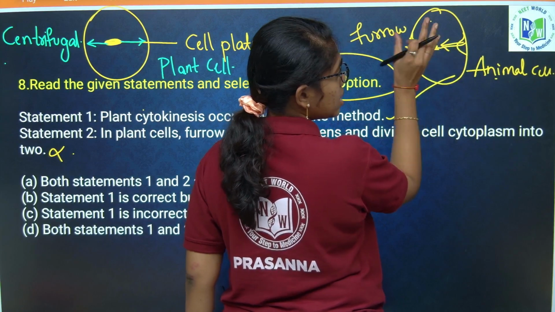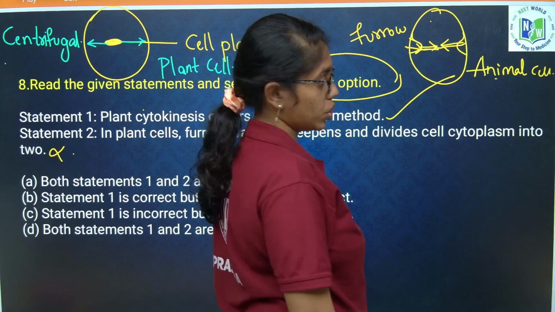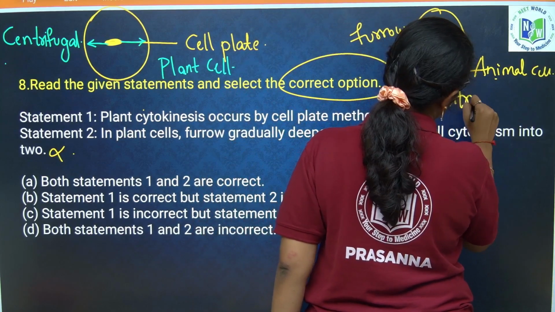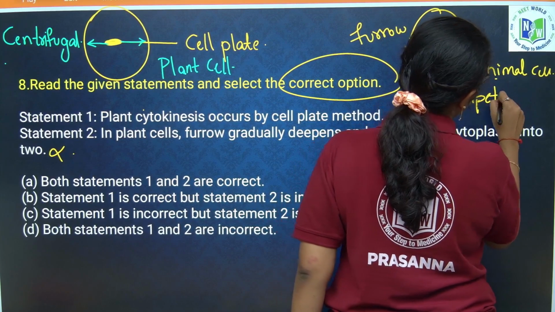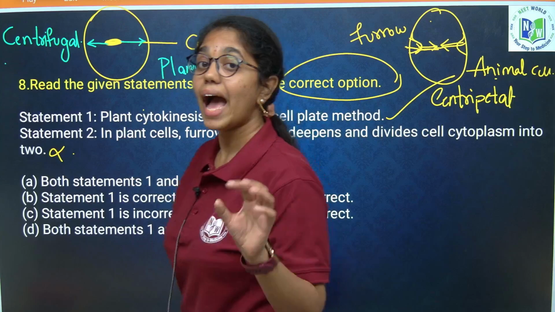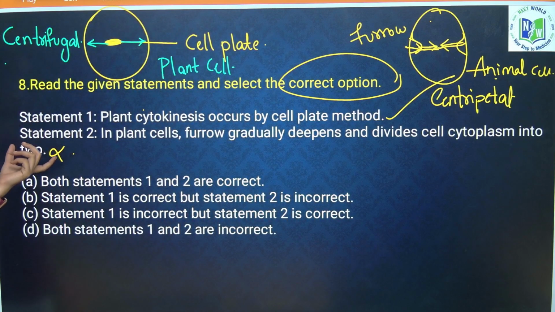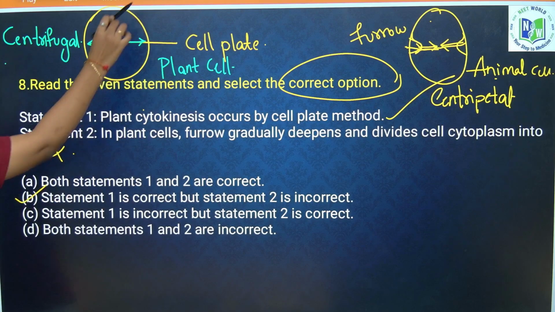Such a pattern of cell division is centripetal, and it happens in animal cells. So here statement 2 is wrong and statement 1 is true. Then our answer will be B. Next.